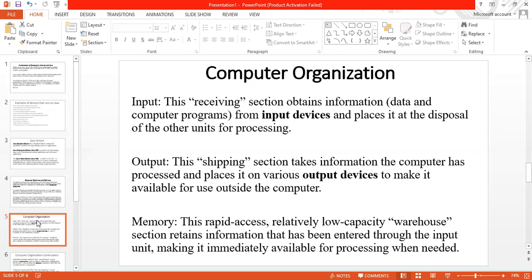After typing using Microsoft Word, we save it, and whenever we want to output it, we print it using our printer. So an example of an output device is the printer. They are shipping out the information that we have processed in our computer. Also, we have the memory.